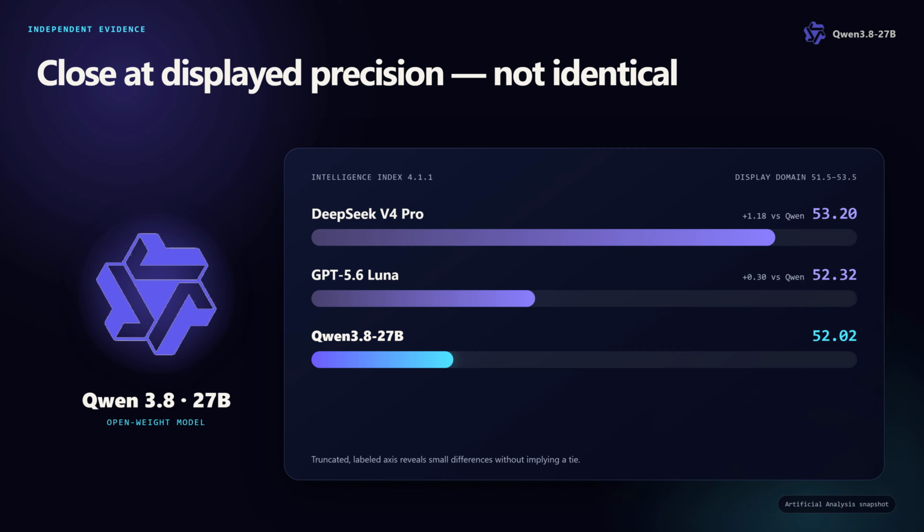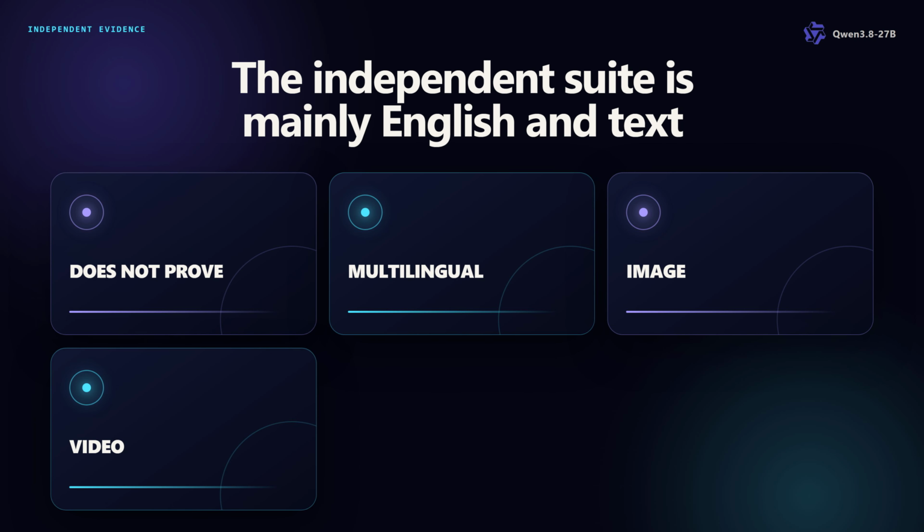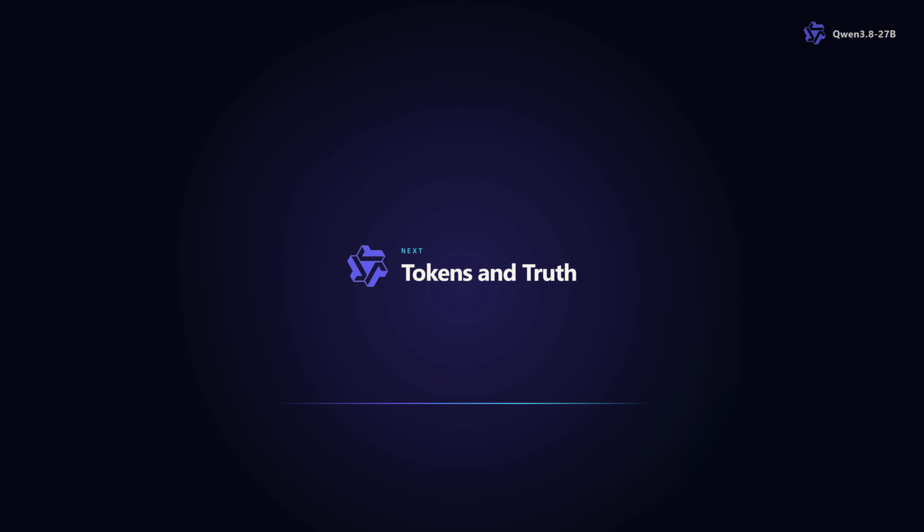Qwen is statistically close at this displayed precision, but not numerically identical. Artificial Analysis is mainly an English text-based suite. It does not independently prove Qwen's complete multilingual image or video performance.